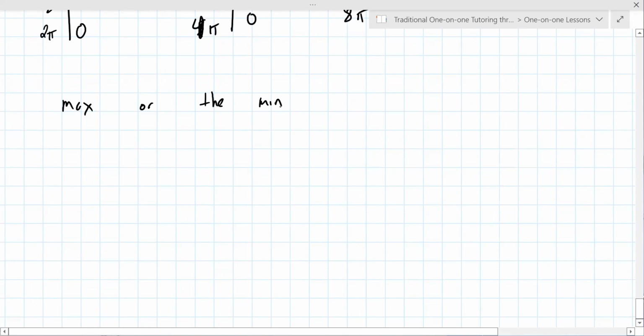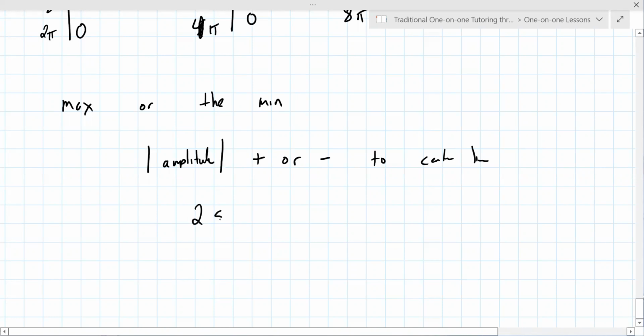You generally take the absolute value of the amplitude and you add it or subtract it to the center line. That probably doesn't make a whole lot of sense, but let's look at some problems.